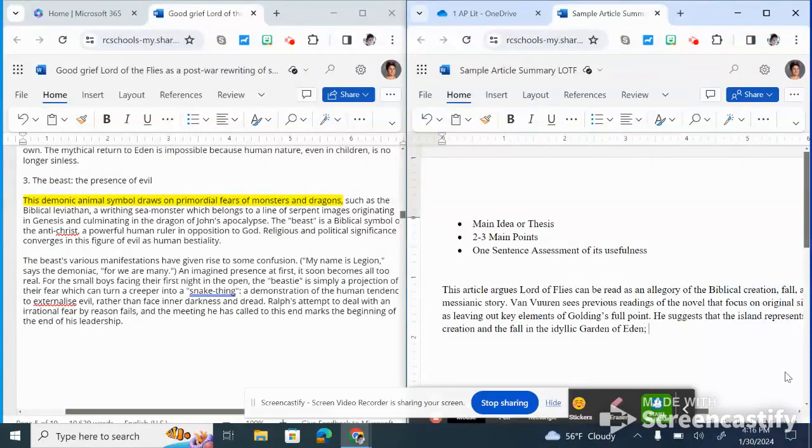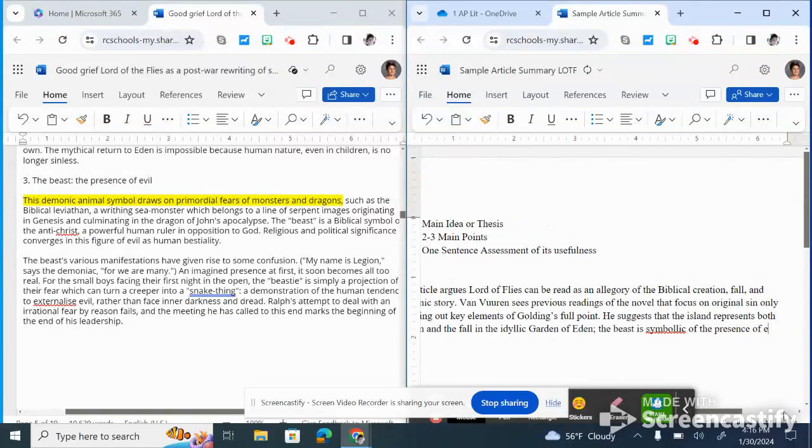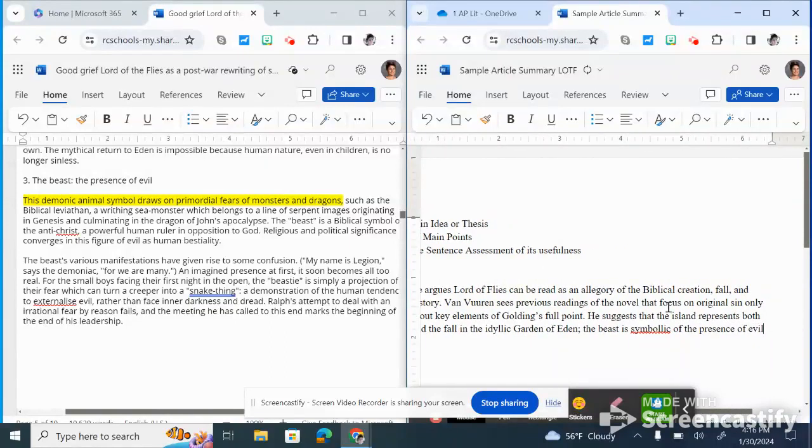I think I can use a semicolon here. The beast is symbolic of the presence of evil.